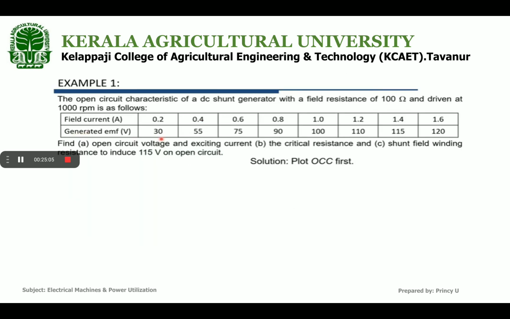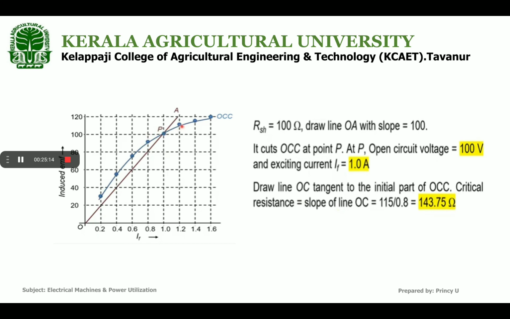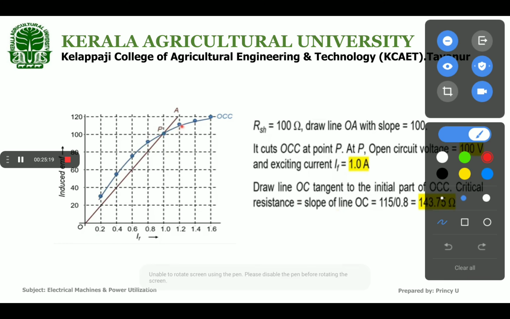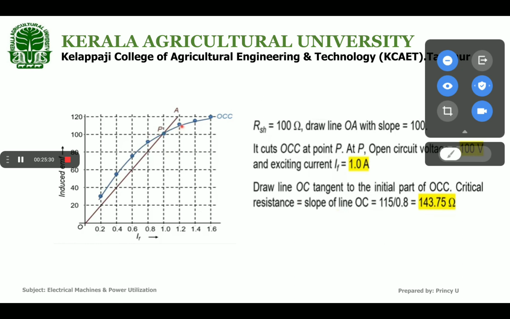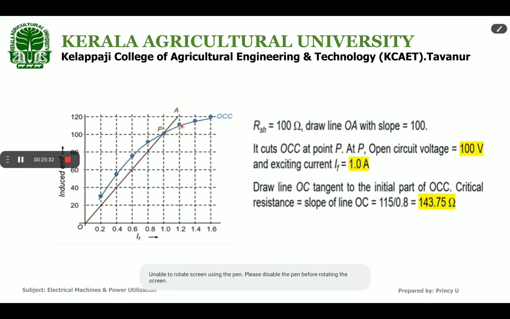Now another thing you have to find out is critical resistance. So to find critical resistance, what you have to do? You have to draw a tangent to this curve. So you draw a tangent. Tangent നമ്മൾ വരയ്ക്കുക from the origin by touching the OCC curve.